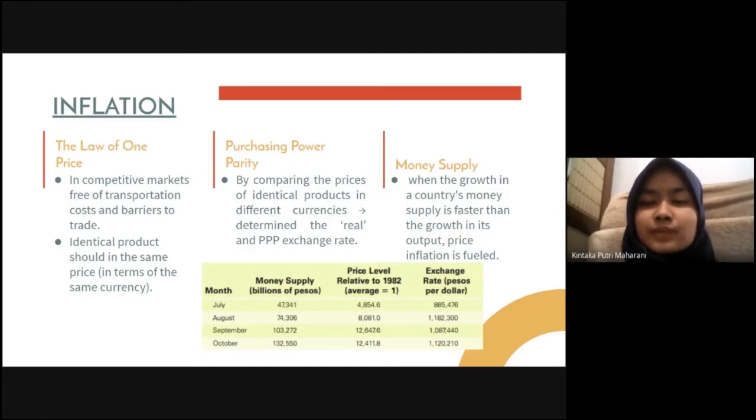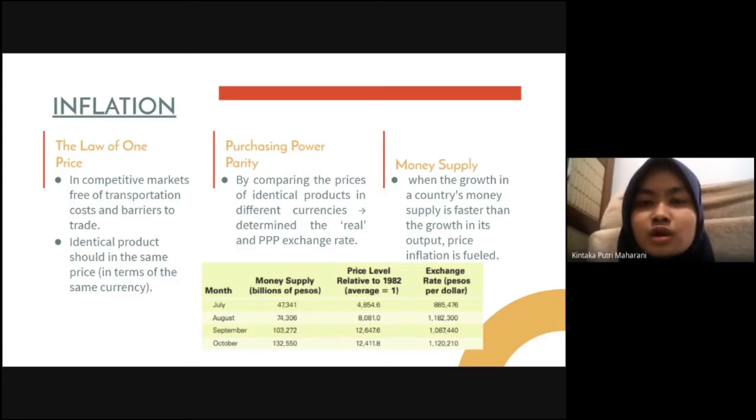For example, for a basket of goods that costs $2 in the US, this means 20,000 rupiah in Indonesia. Triple P theory predicts that the dollar per rupiah exchange rate will be $2 per 20,000 rupiah.